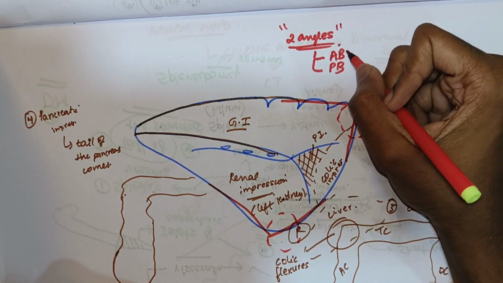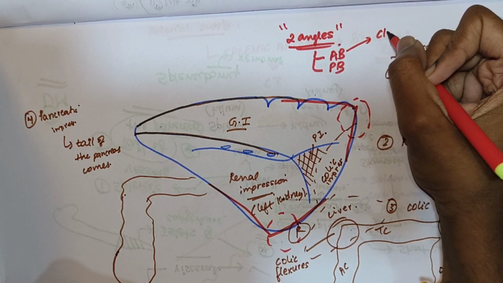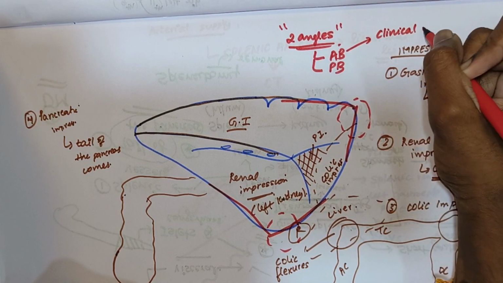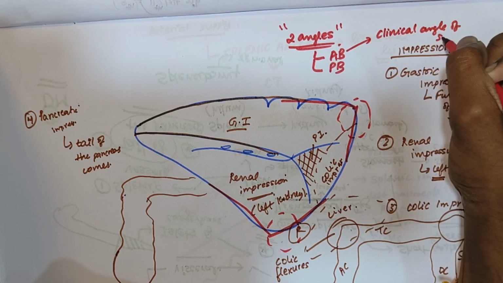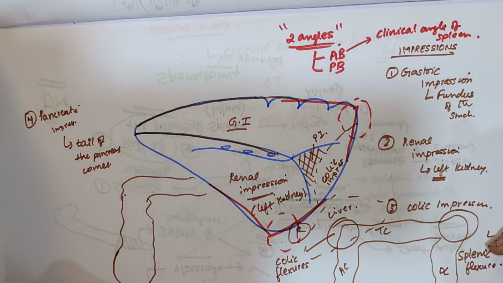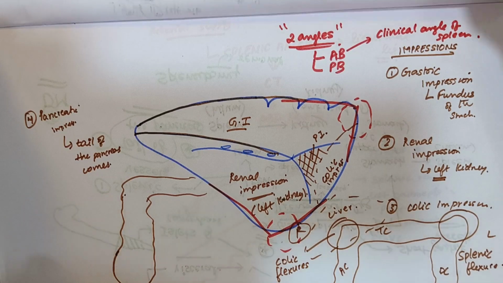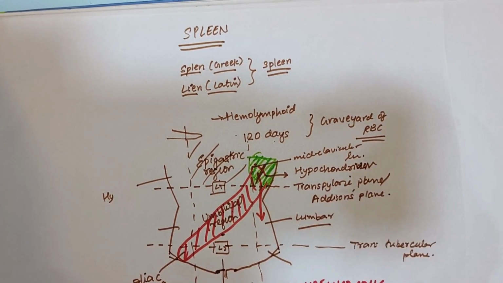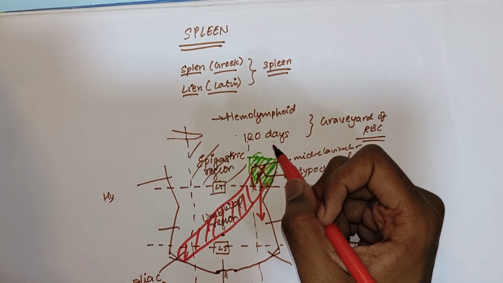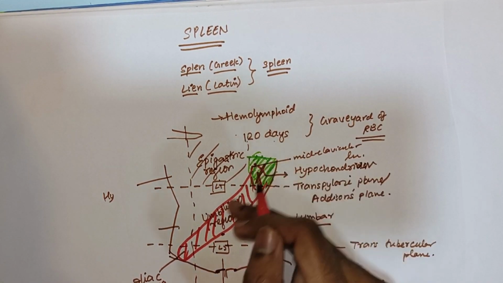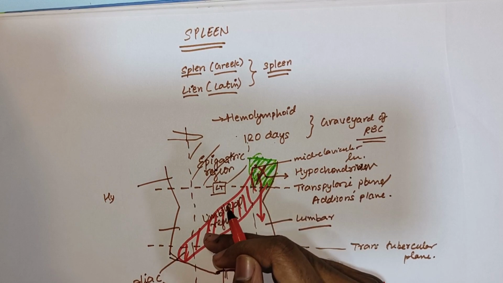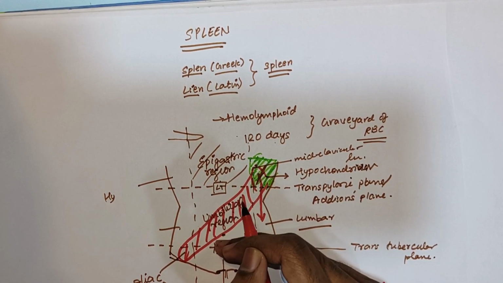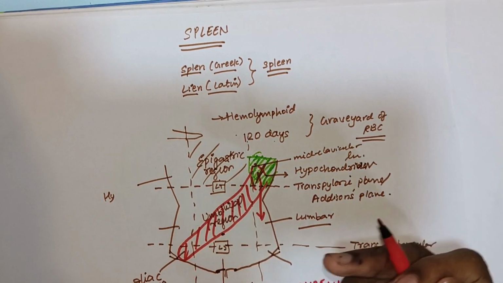Now, the anterobasal angle is also known as the clinical angle of the spleen. Why? As I've already discussed, the spleen has the ability to enlarge, and when it enlarges, it goes towards the right iliac fossa via the umbilical region. In such a case, the spleen becomes excessively palpable.